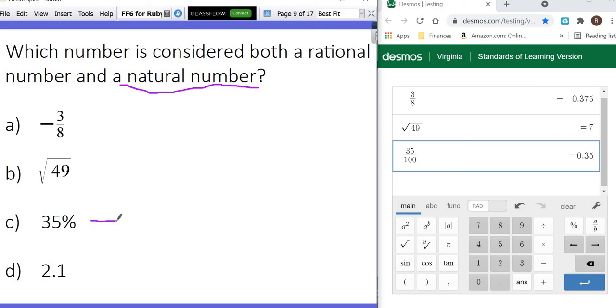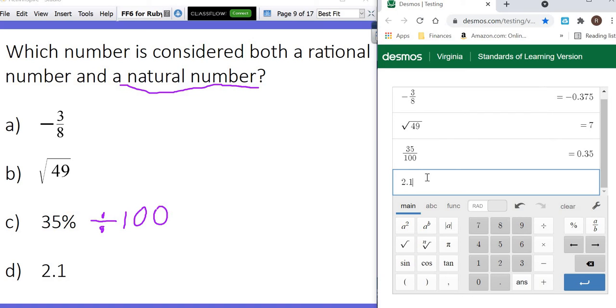That's how we end up with a regular number that we can tell what kind of number it is in the real number system. So just remember, to go from a percent to a decimal, you divide by 100. Okay, it's the inverse. Then finally, we have 2.1.